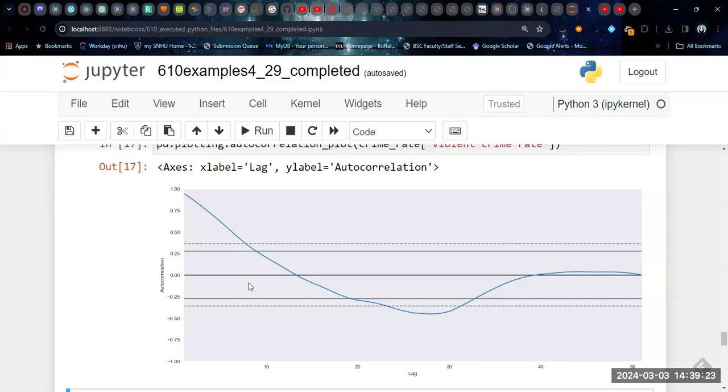Other kinds of programs will plot these as bars rather than a smooth curve, but basically you get the same idea. If you're above the significance level, then these are lags, these are autocorrelated values that should be included in your autocorrelation model, presumably. Again, you generally want to test this.